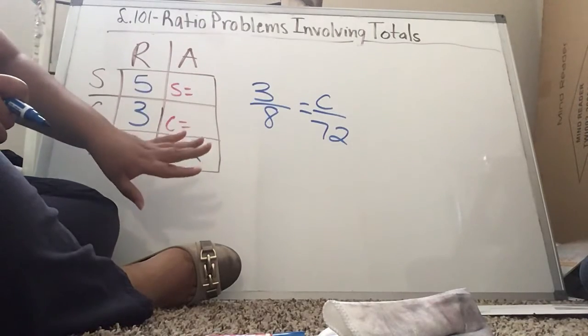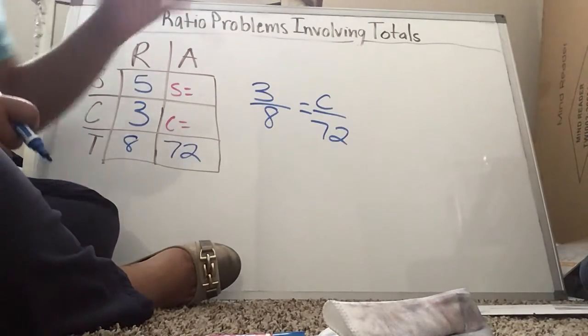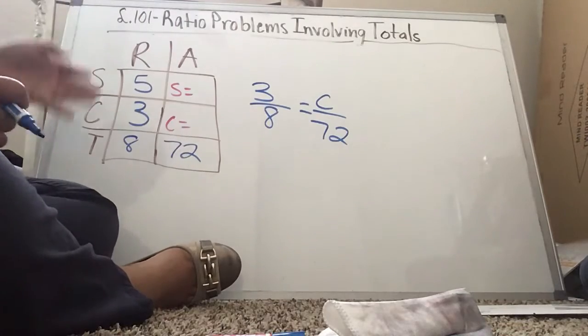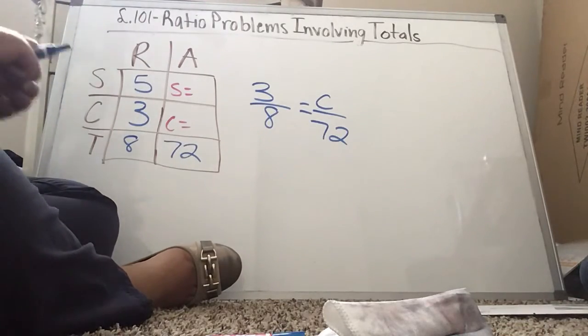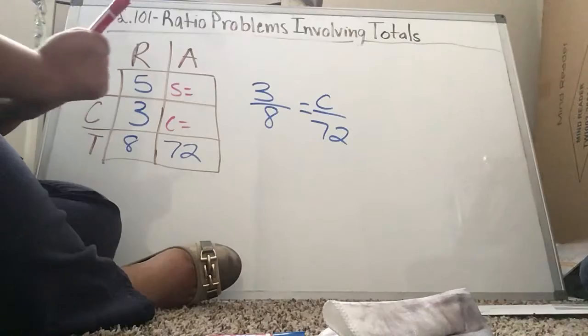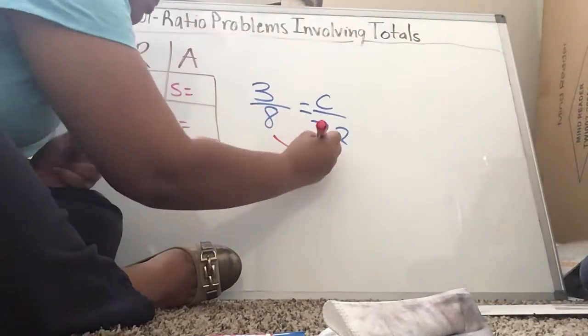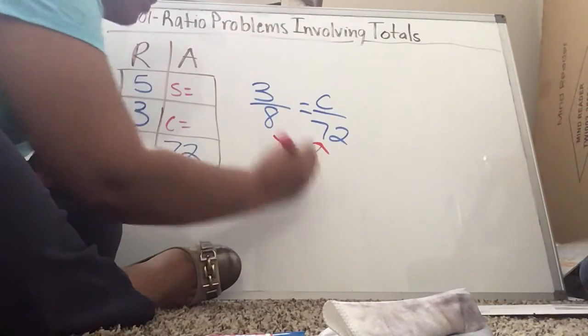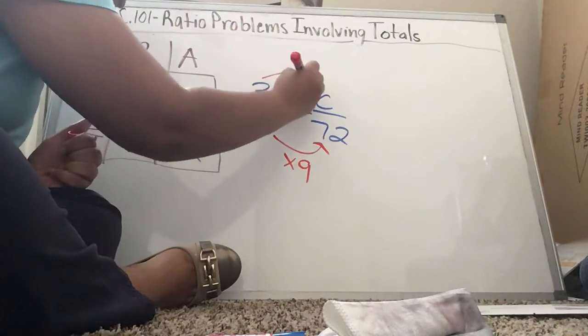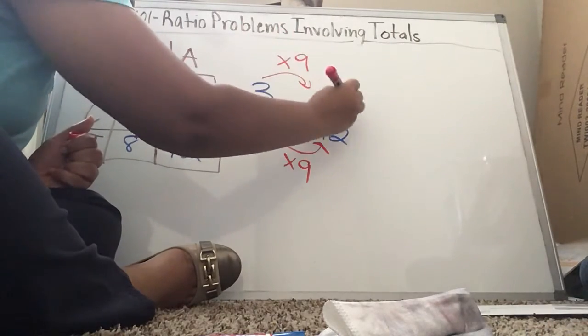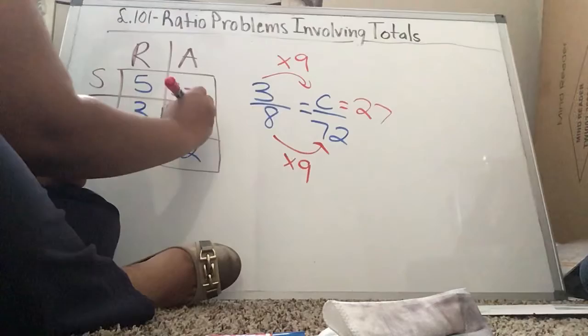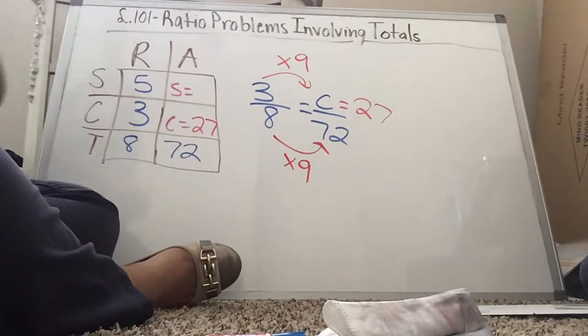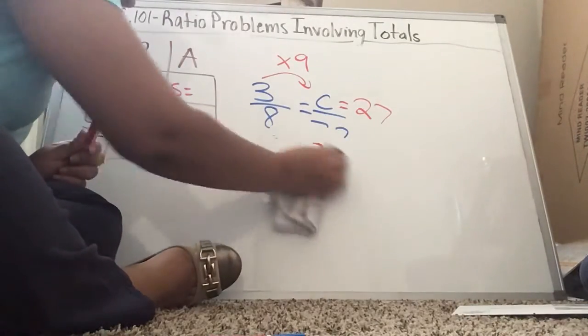You won't have to cross multiply. But if you just love cross multiplying, feel free, have fun. But 8 times 9 equals 72, and whatever you do to one part of the ratio, you have to do to the other. So 3 times 9 is 27. So that's 27 crows.